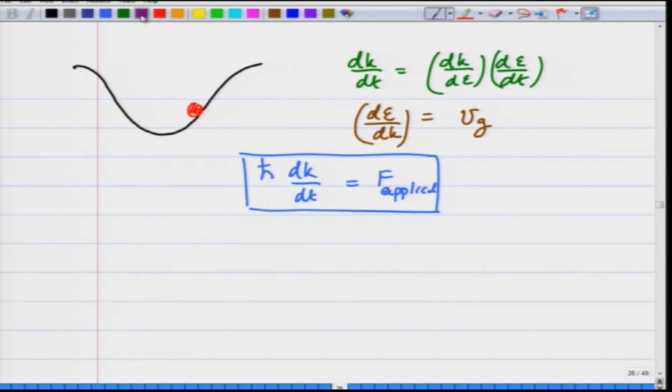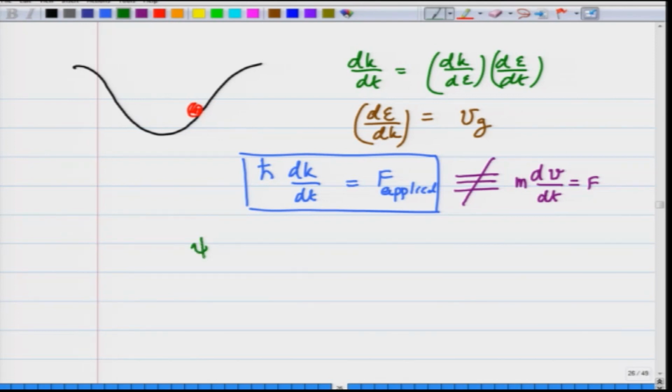So, this is not equivalent to m dv dt equals F. This is not equivalent to that, because now things are moving in a band. Because mv is not h cross k. Why is mv not h cross k?